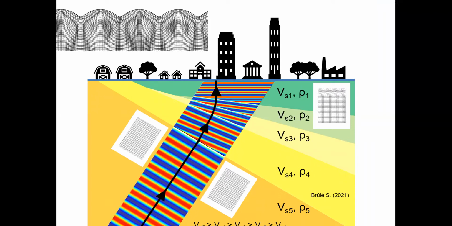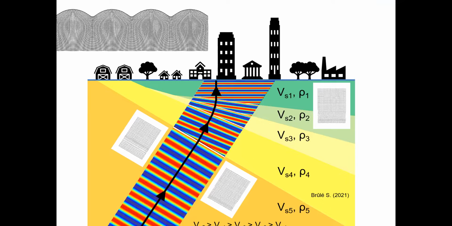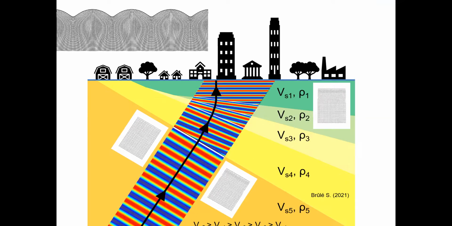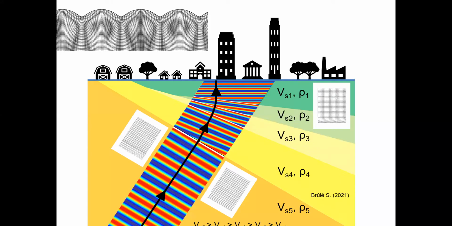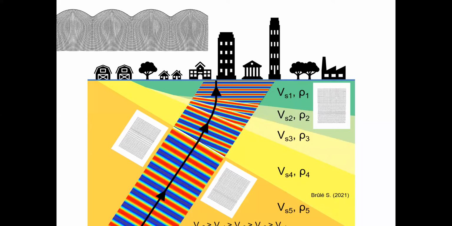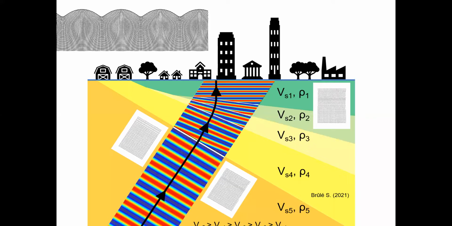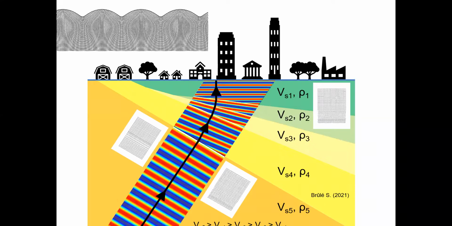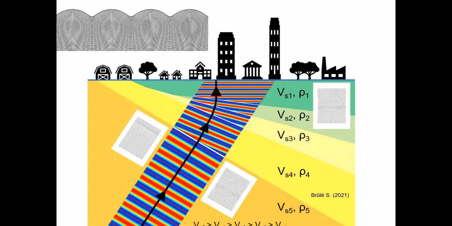You can have a strong trapping effect, 2D or 3D, at the edges of the basin. For the example of the earthquake in Albania, we think that the geometry of the basin can create a concentration of energy at the edges.